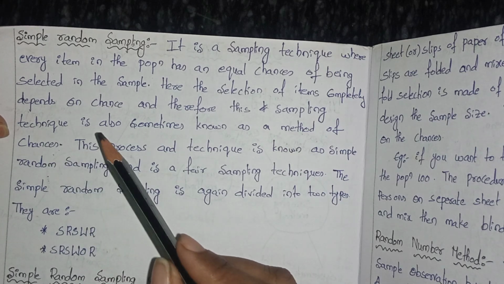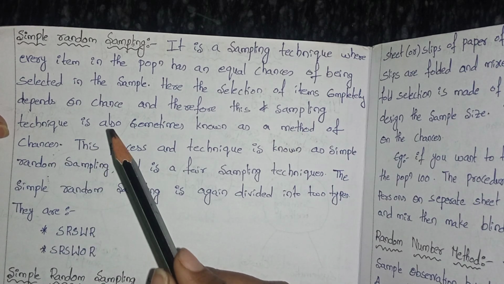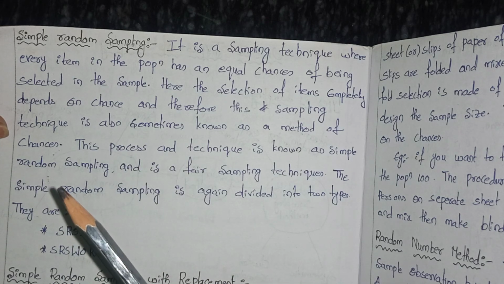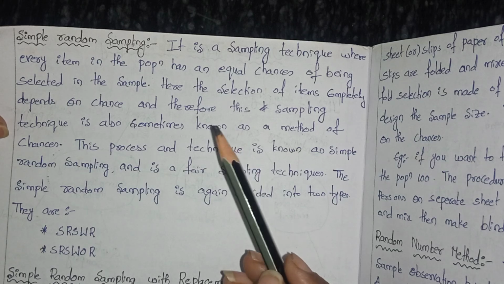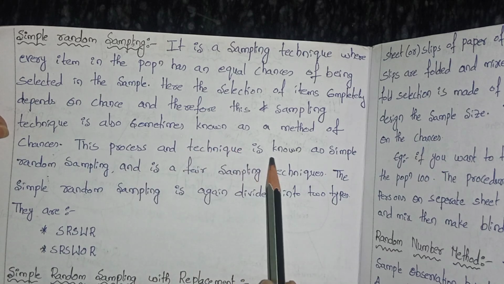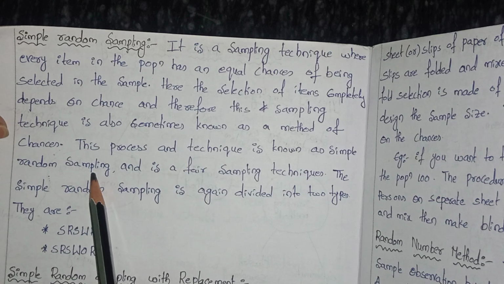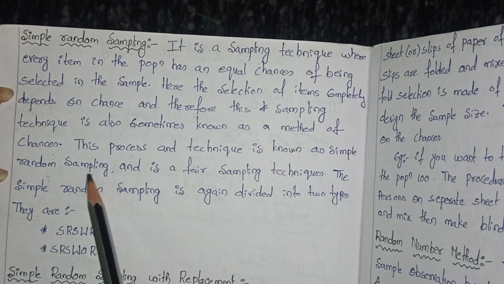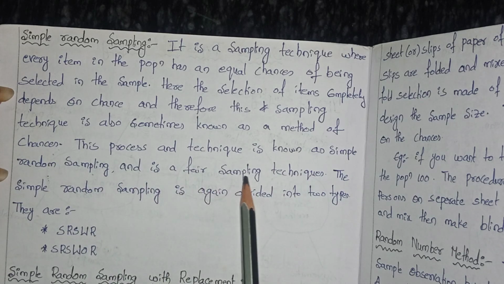Here we follow the theory of probability. Every element will have an equal chance of appearing. If the observations have equal chances to appear in the sample, that is called simple random sampling, and it is a fair sampling technique.